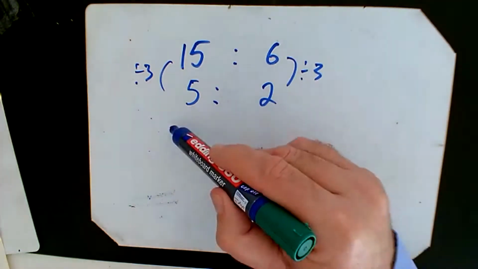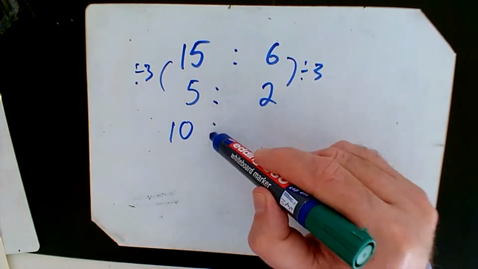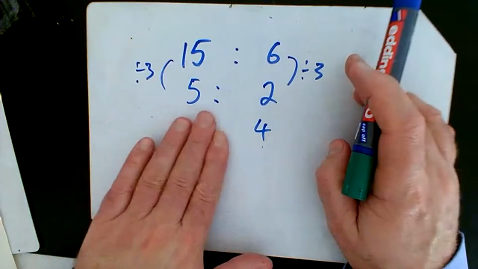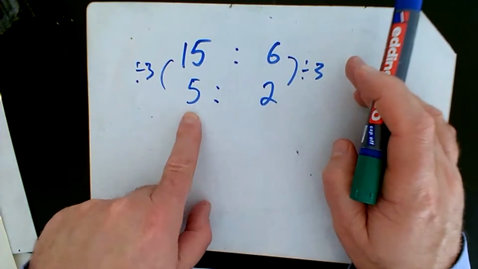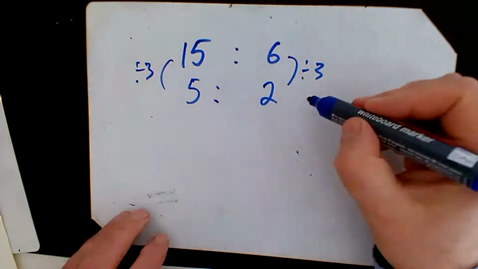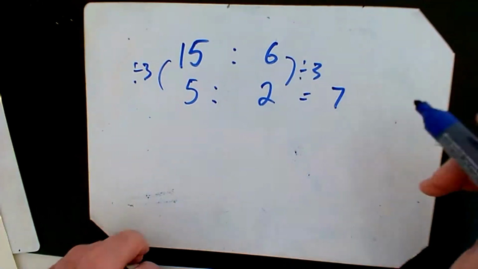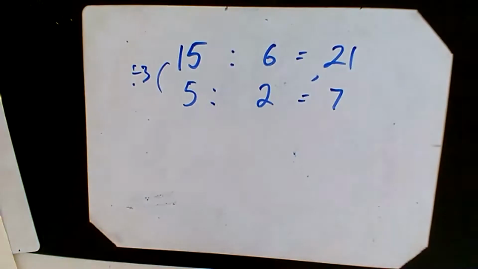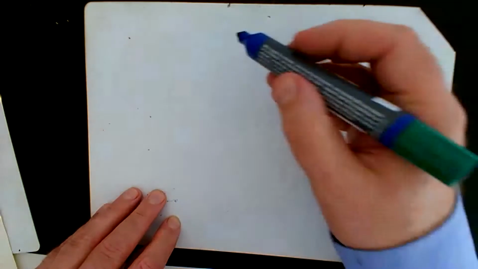Okay, and from there, if I saw 10 cars, there would be 4. But the simplest form of that ratio is for every 5 cars, there were 2 vans. 5, 2. And actually in total there were 7 vehicles then, isn't it? Okay, and here in total there's 21 vehicles, and we'll see why that is important later.